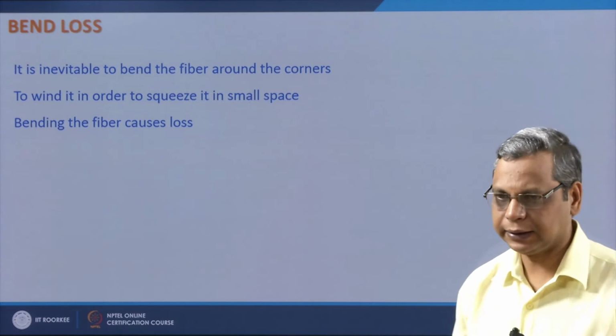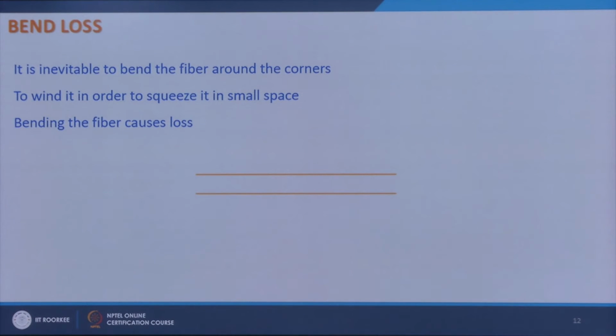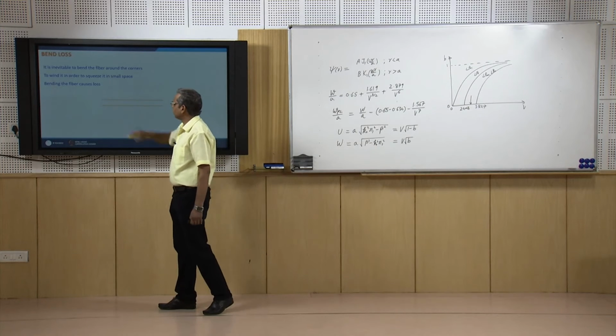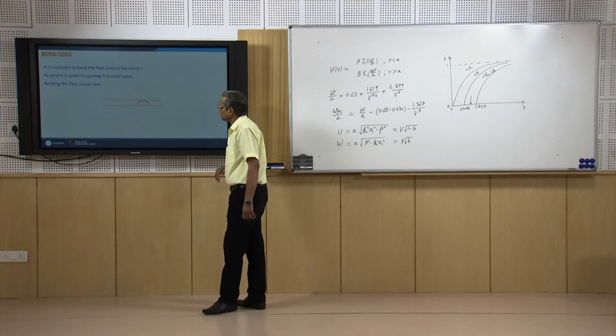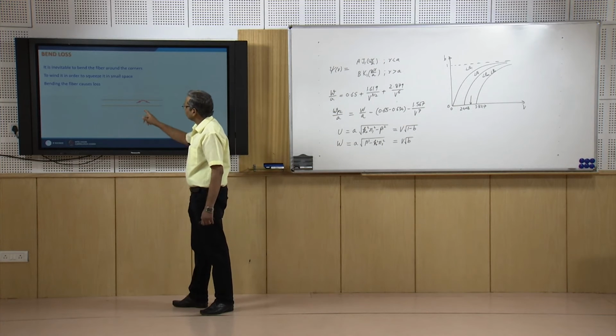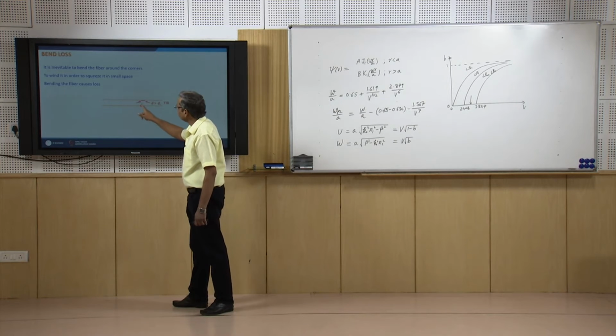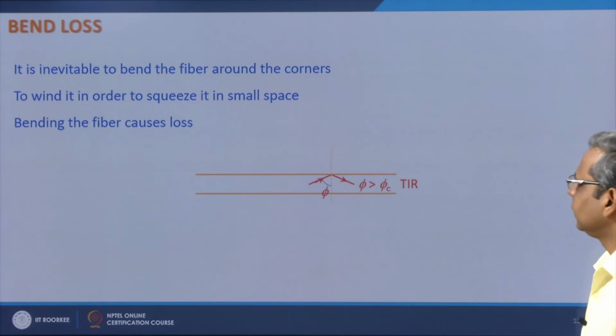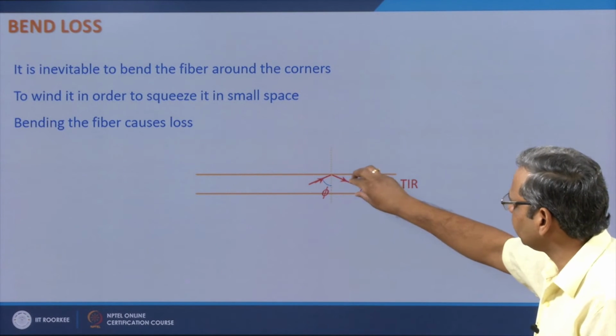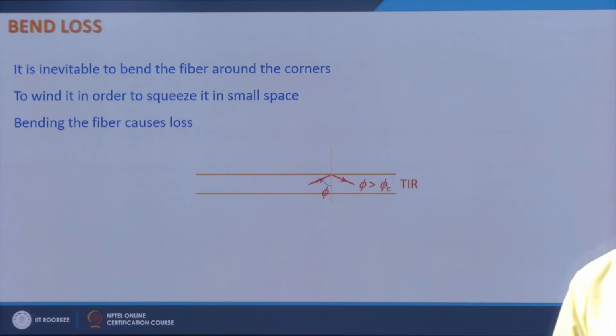Let us study that. If I have a straight fiber, this is the core and this is the cladding, then I know that if I launch a wave like this, and this angle is greater than the critical angle, then there would be total internal reflection and most of the power will remain in the core.